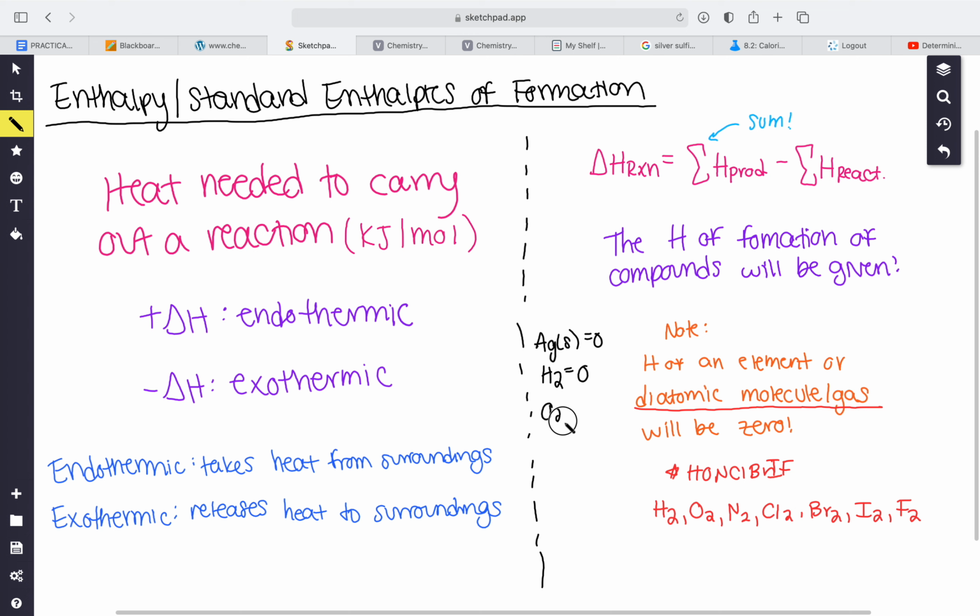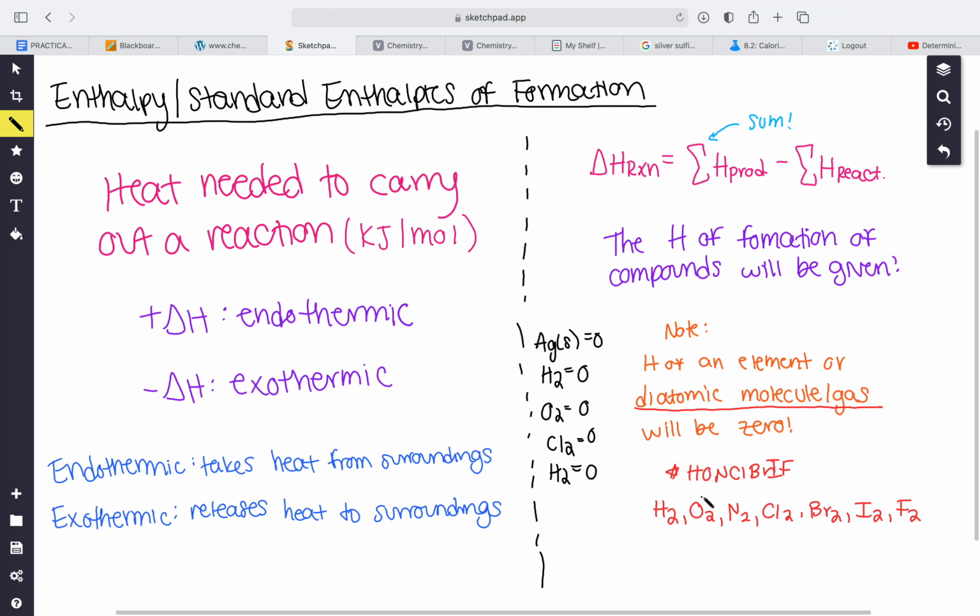So we have oxygen as an example. We commonly see that a lot. Chlorine is an example that we commonly see, and H2 is an example that we commonly see, right? So these all have a charge of 0 when they are floating around in our atmosphere, and they also have a heat of formation of 0, right?